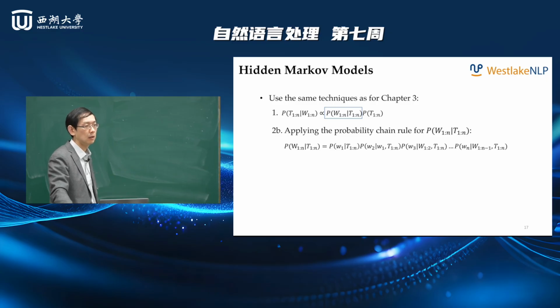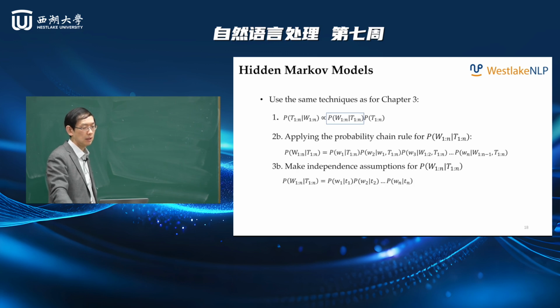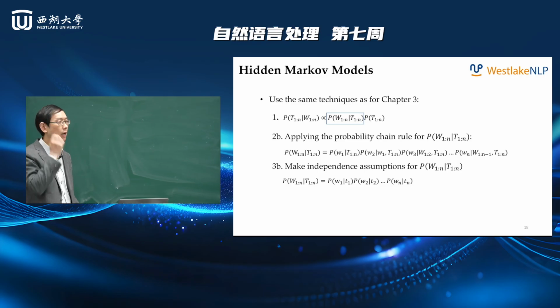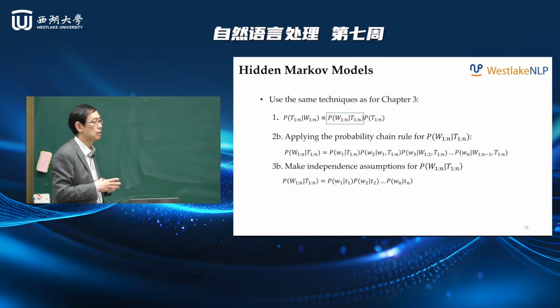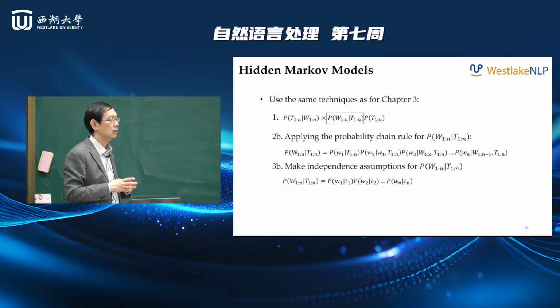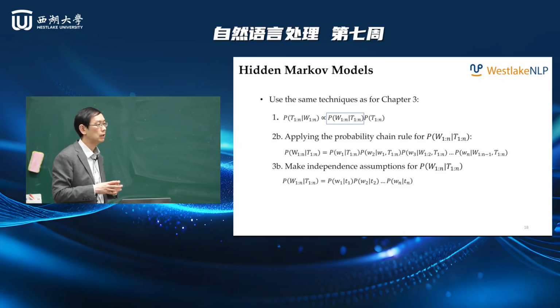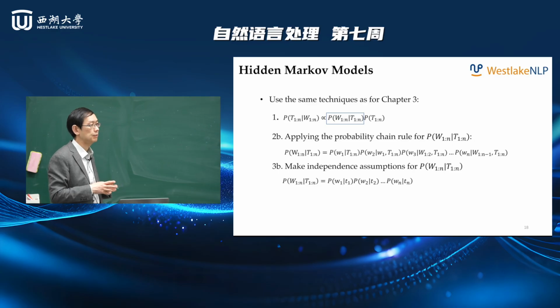That's the first step. Second step, independence assumption. Now we make a very wild independence assumption. We assume that every word is not conditionally dependent on the other words, but only dependent on its corresponding part of speech tag.